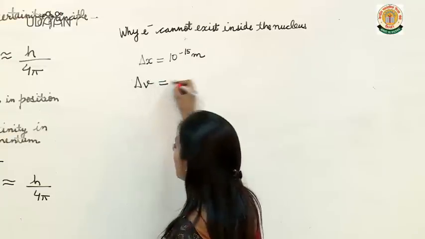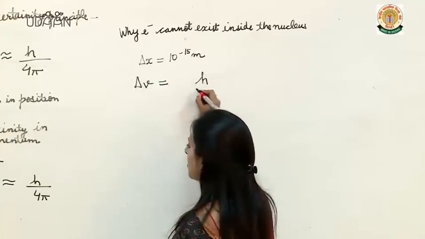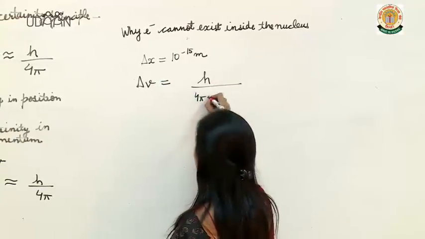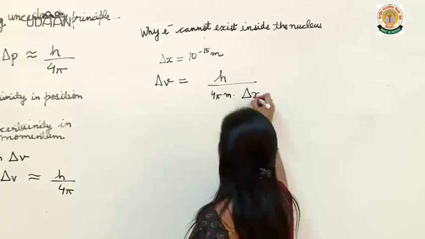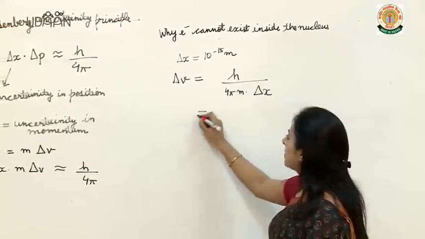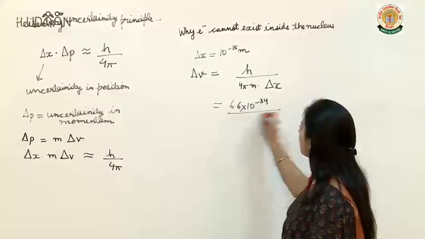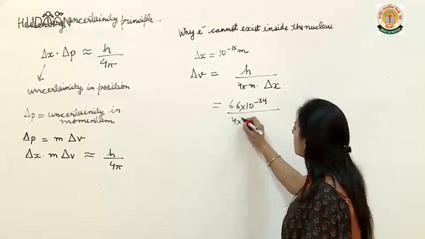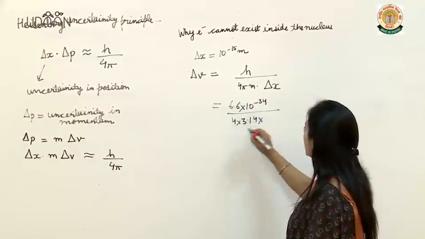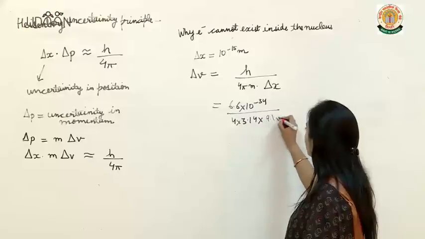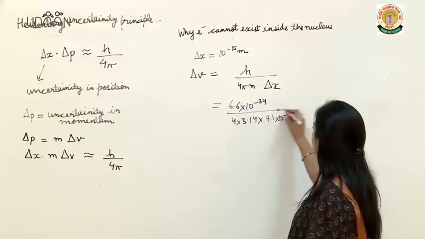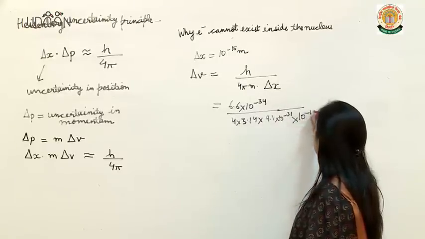Delta v I will find from here: h by 4 pi m into delta x. All values I know: 3.14 into 9.1 into 10 to the power minus 31, and I also know this.